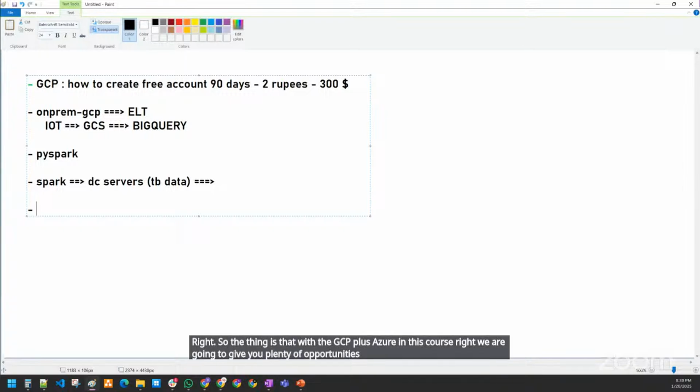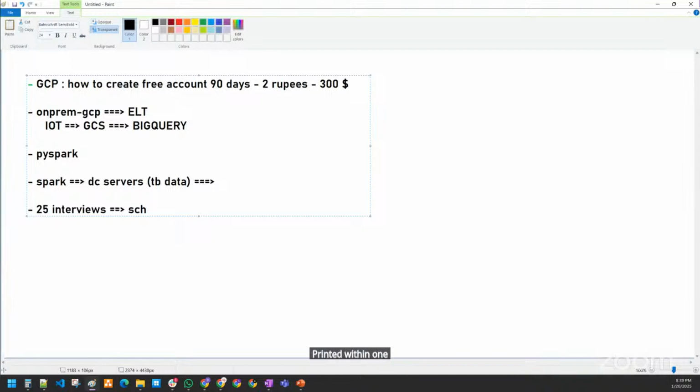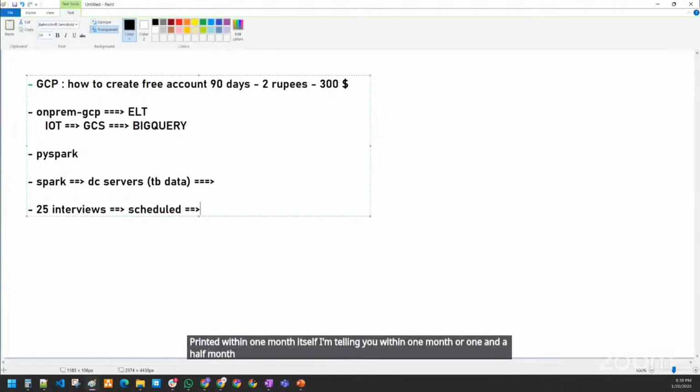In this course, we will give you 20 opportunities, guys. When I say 20, I mean 20 different companies getting interviews scheduled within 1 month itself. Within 1 or 1.5 months, 25-plus interviews get scheduled. Do you think you'll be able to crack one interview out of all? That is what lands you a job.